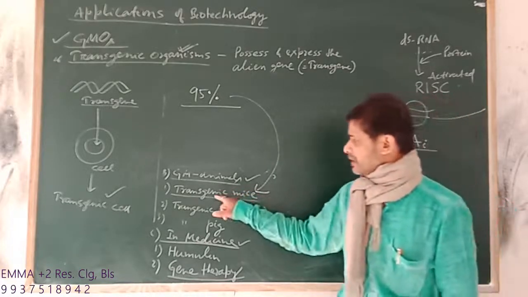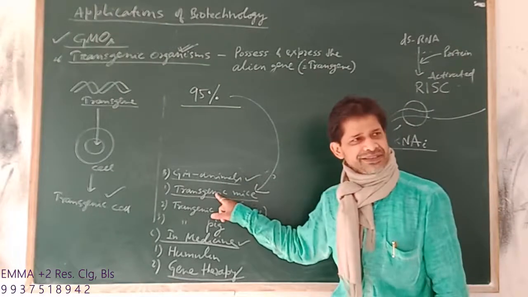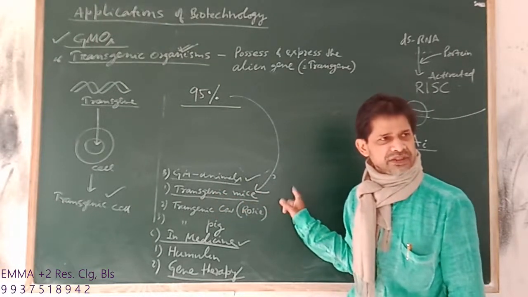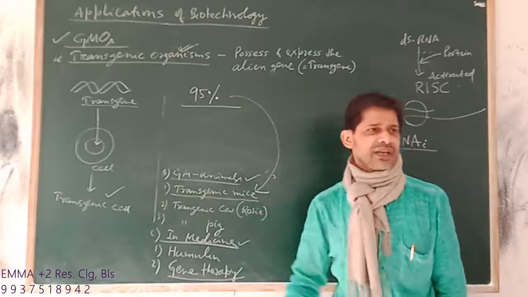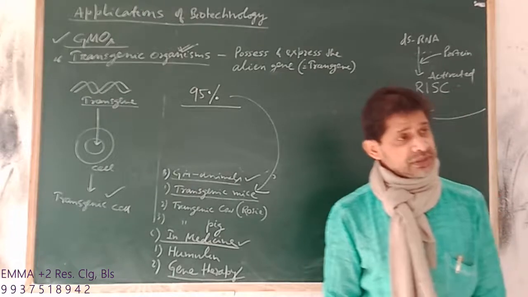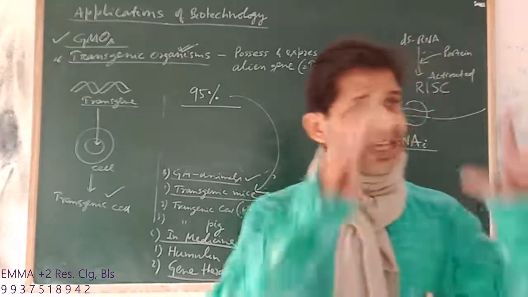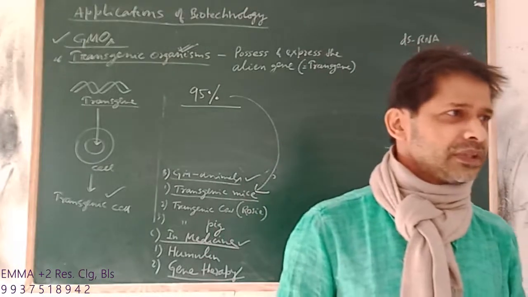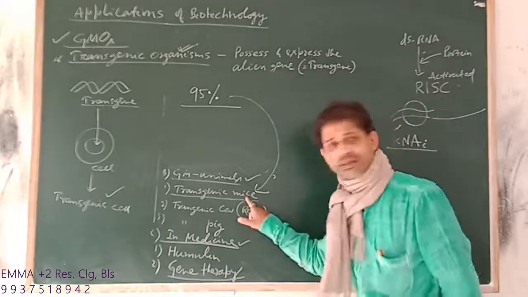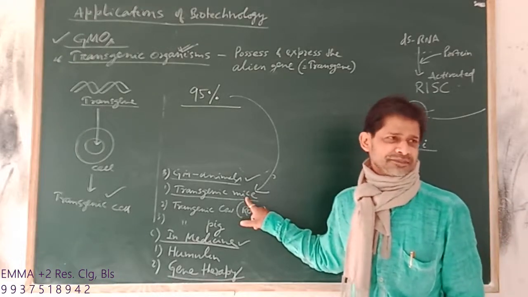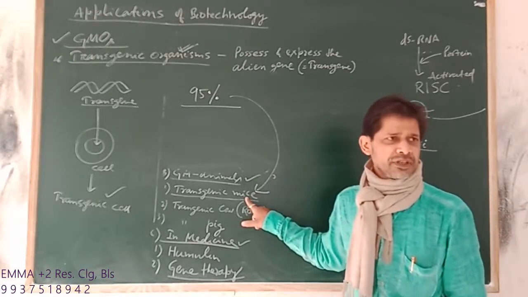After injecting the vaccine in transgenic mice or transgenic monkey, then only can we go for human trials. So transgenic mice simulate the model of a human body. If that vaccine can kill these mice, then our vaccine has no safety. It is not safe for human trials.